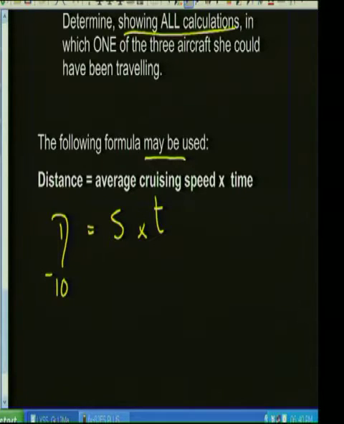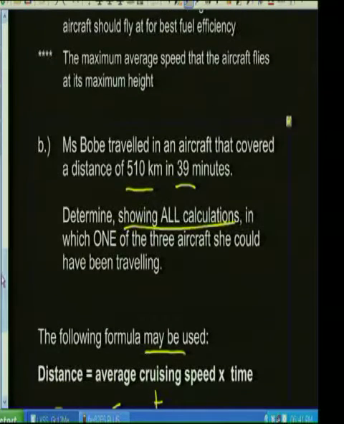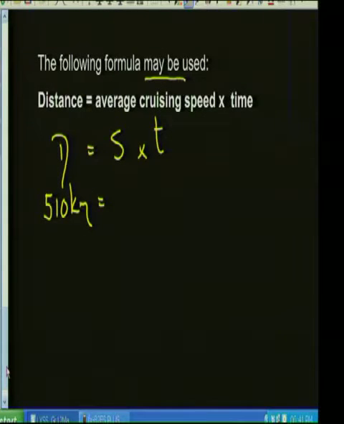And the speed at which she traveled, we have no idea. That's the question. But we know she did it in a time of 39 minutes. So we've got to calculate the speed.